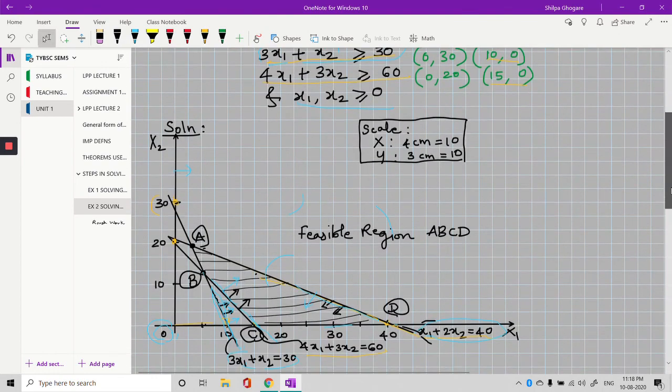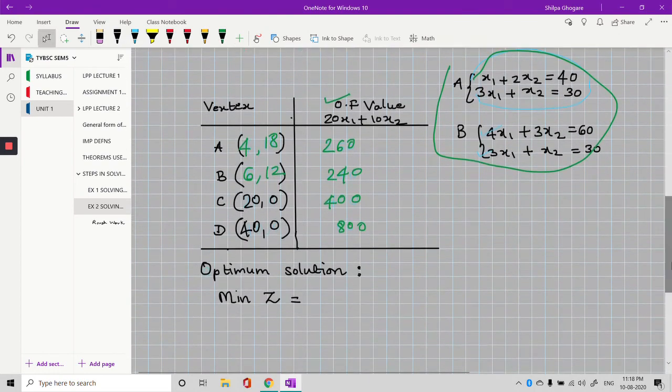This is my minimum value. And it is at which point? It is at point B, 6, 12. And therefore the optimum solution is x1 is equal to 6 and x2 is equal to 12, whereas the minimum value is 240. In this manner, the minimization problem is solved graphically.